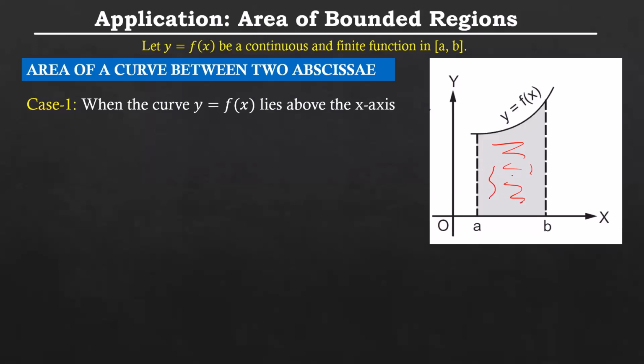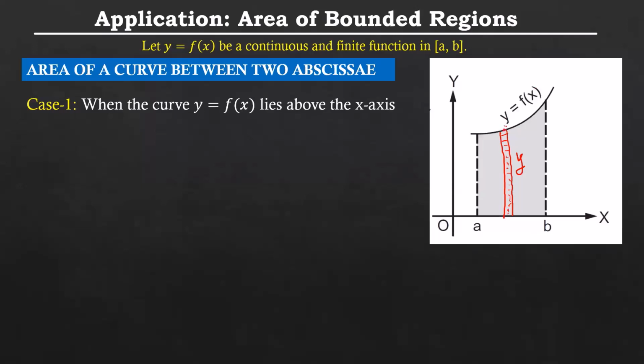Now, how can we perform this integration? Here, suppose we take one infinitesimal strip. What is the height of that strip? The height will be y. Suppose y is equal to f of x.